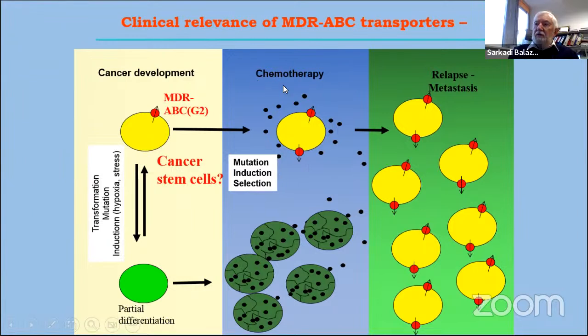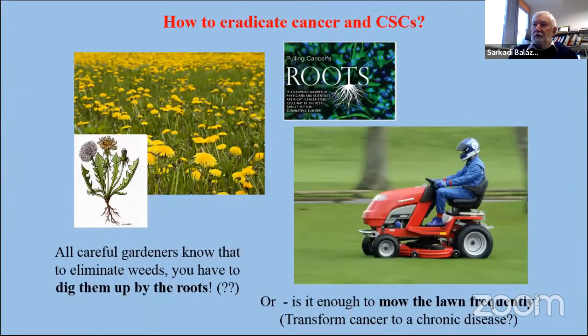So when you are using chemotherapy, then you cannot kill these cells which have MDR expression, and you can kill all the other cells which do not have this. And these cells can be selected either based on mutations, induction of the proteins, or just selection. And when you have the relapse or the metastasis, already these cancer stem cells containing the drug transporters are appearing. So actually, this is an induction of cancer stem cell growth by chemotherapy.